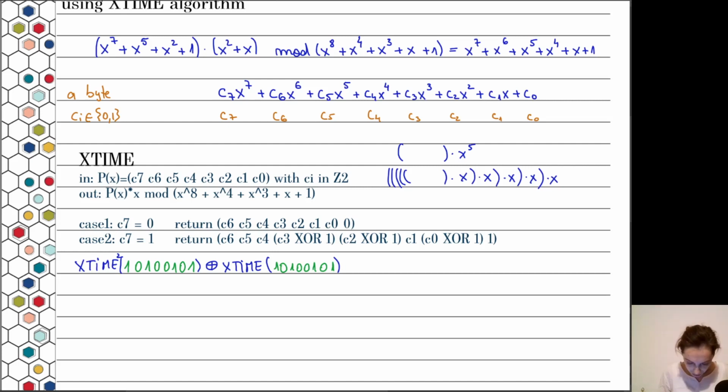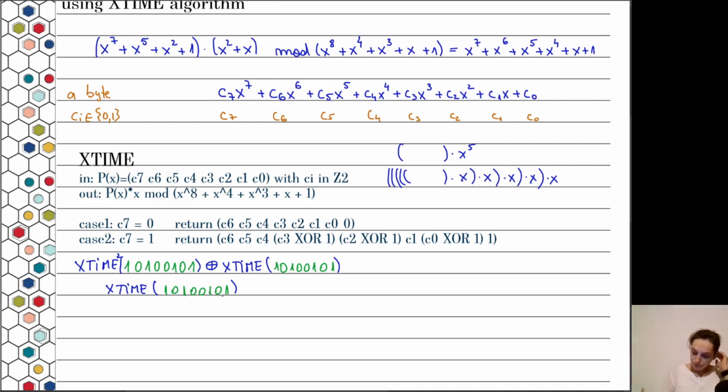Okay, let's compute XTIME by this polynomial 1 0 1 0 0 1 0 1. I will check it again: 7 6 5 4 3 2 1 0.